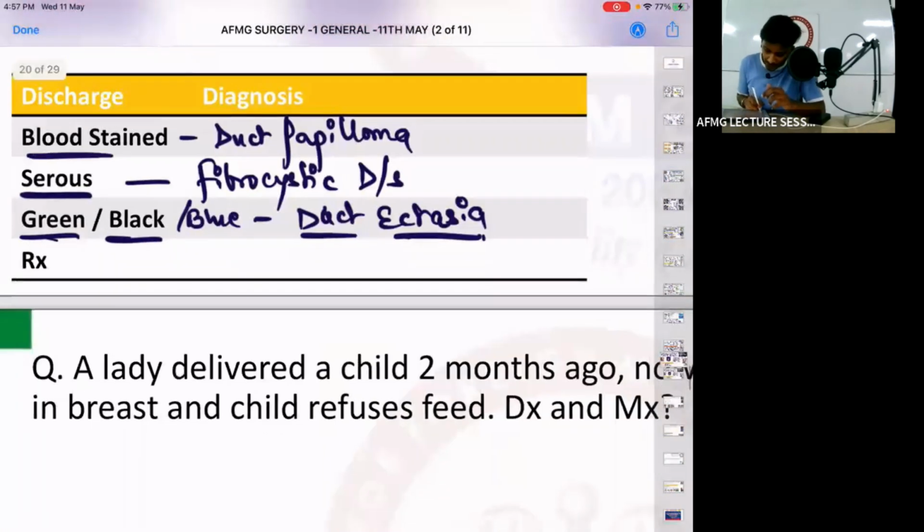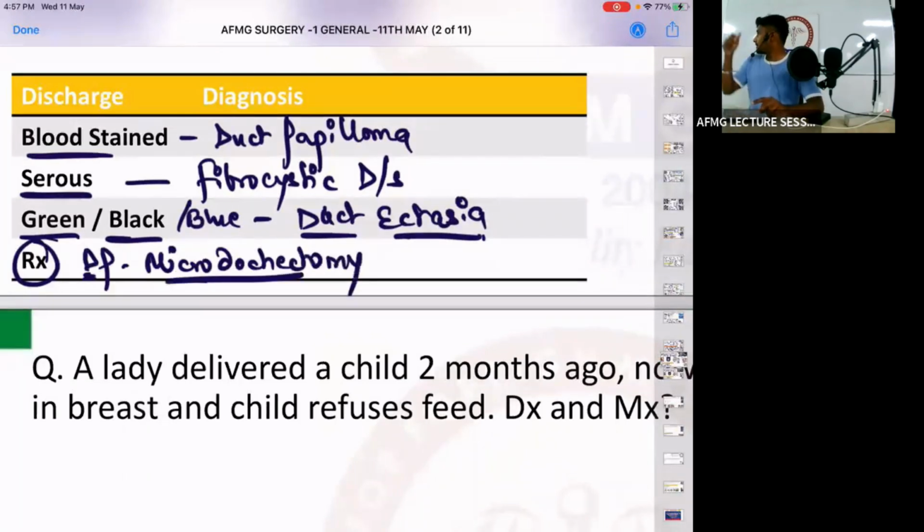Treatment, what would be done? If a duct papilloma arises in a single duct, we will perform a microdochectomy and the single duct will be removed.